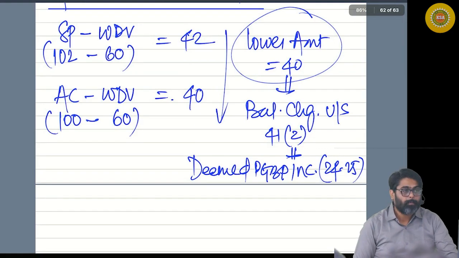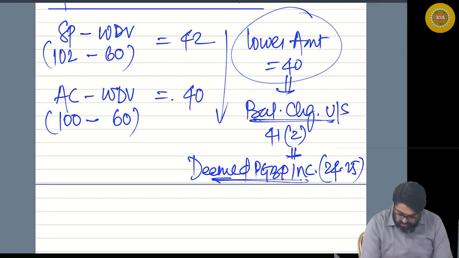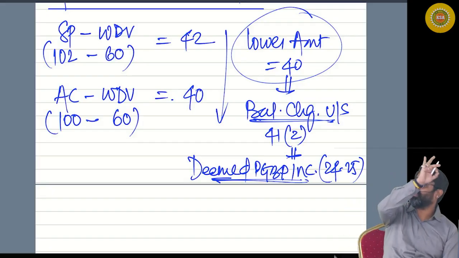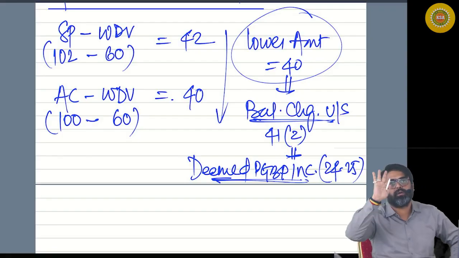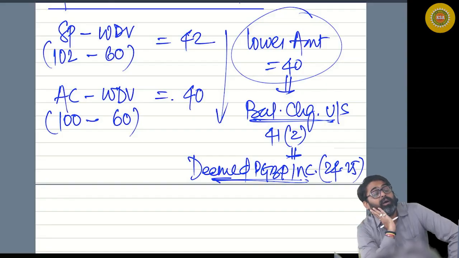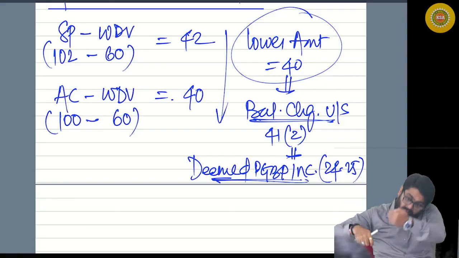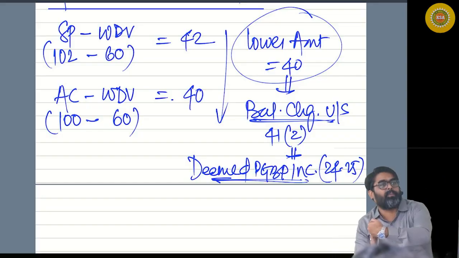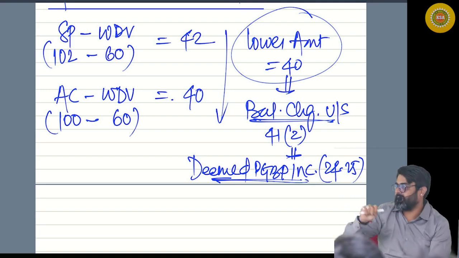Now wait. Balancing charge, meaning your deemed PGBP income, cannot be more than the cost which was allowed under the head PGBP. How much cost we have allowed? So how much amount we can charge under PGBP? 40. So out of the cost, if we have allowed 40 as depreciation, under the head PGBP this 40 will only be treated as deemed PGBP income.